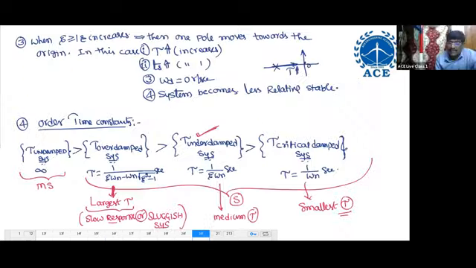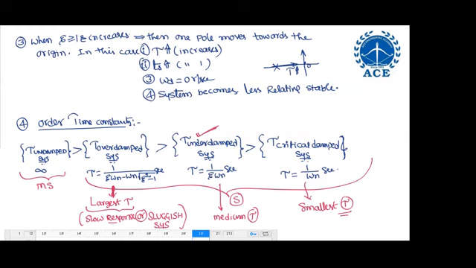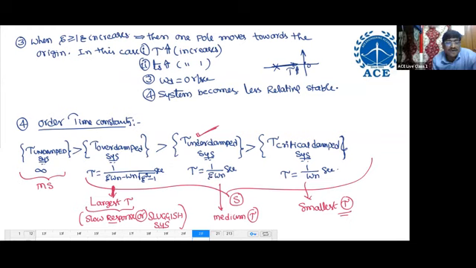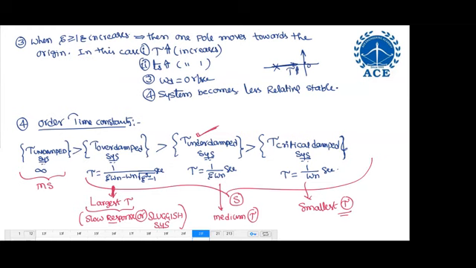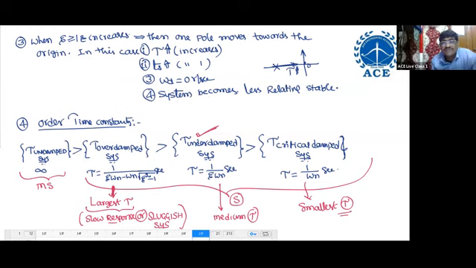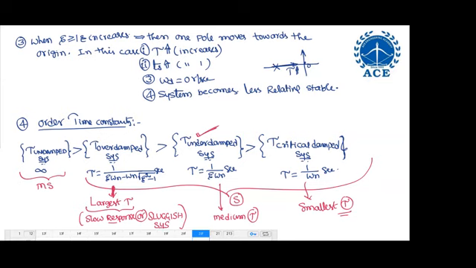Sir, here we saw that the time constant of undamped is largest.